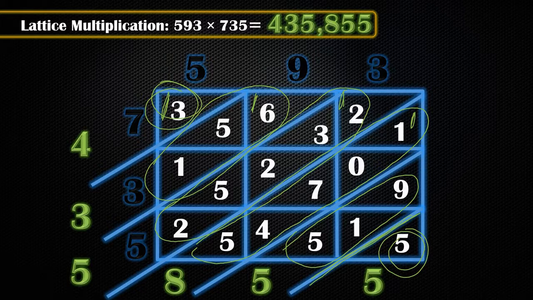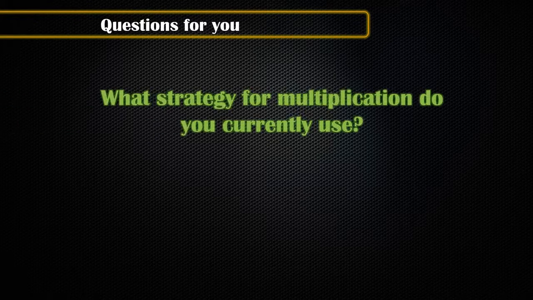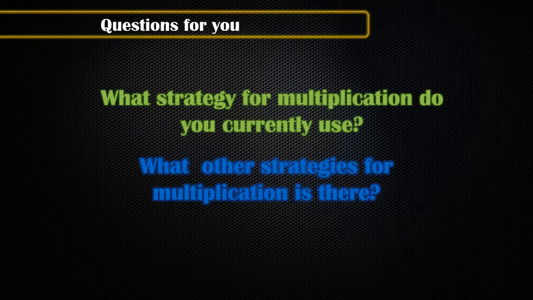After we worked through those 3 problems using that strategy, I hope you're feeling a lot more comfortable with this strategy and it is something that you're willing to do, which brings me to my questions for the video: what strategy for multiplication do you currently use, and what other strategies for multiplication are there?